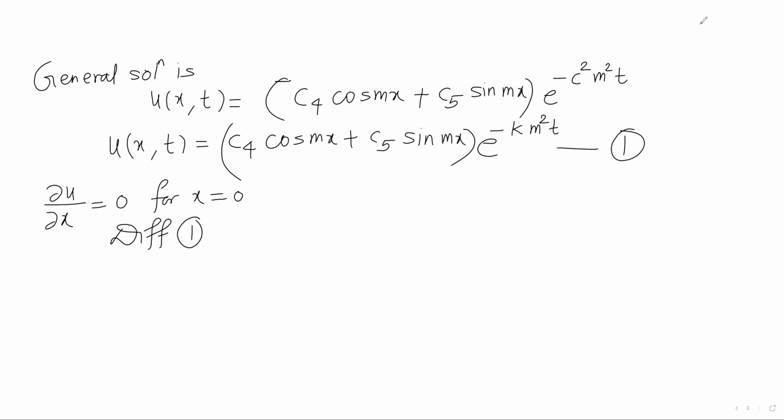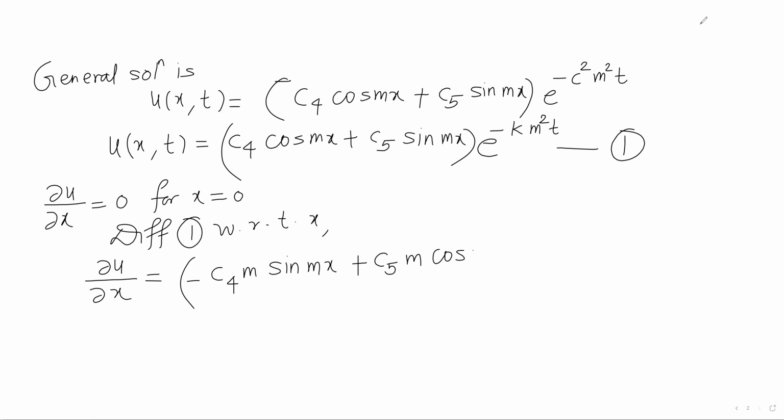We get ∂u/∂x equal to minus c4 m times sin mx, plus c5 m times cos mx, and e raised to minus k m square t remains as it is because you are taking the partial derivative.